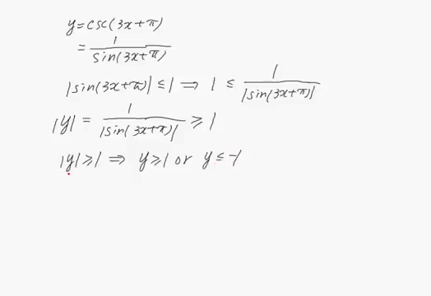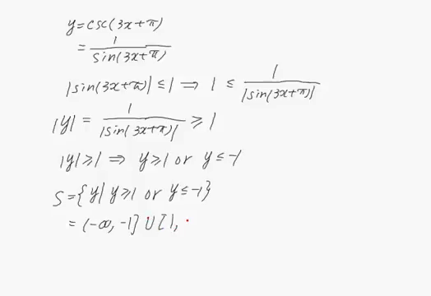So the solution set S is the set of y such that y is greater than or equal to 1 or y is less than or equal to negative 1. In interval notation, this is the union of the interval from negative infinity to negative 1 and the interval from 1 to infinity.